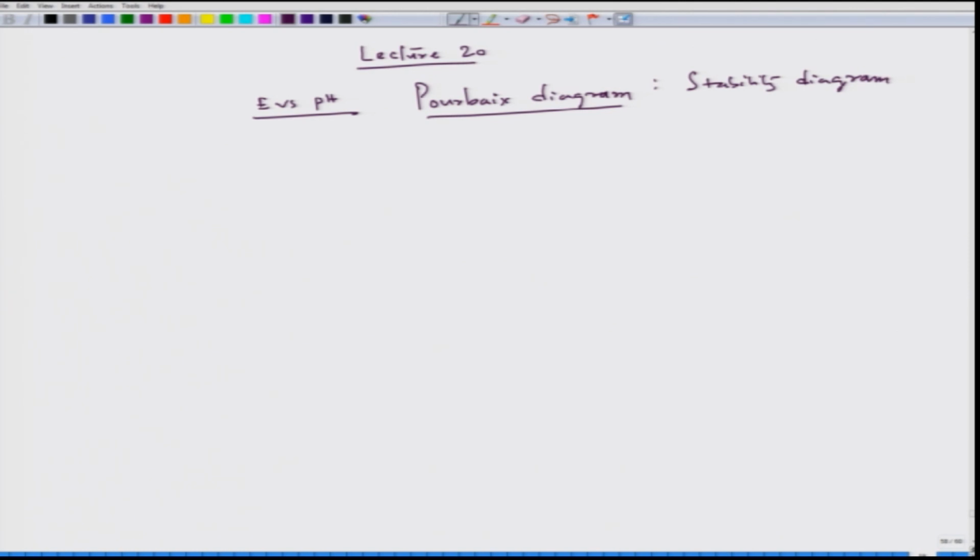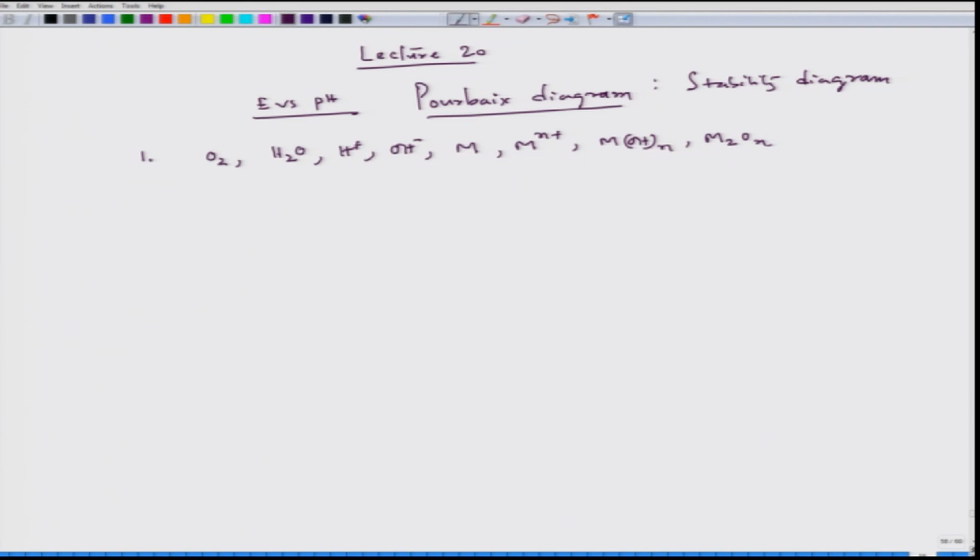Now, whenever we talk about the Pourbaix diagram, we must understand certain facts. And what are those facts? One, we would only consider reactions involving oxygen, H2O, H plus, OH minus, metal ion, metal hydroxide or metal oxide.